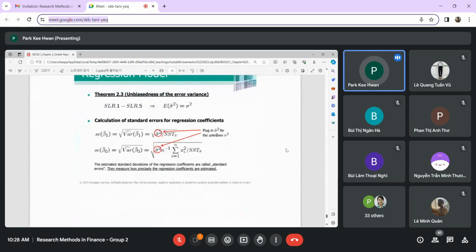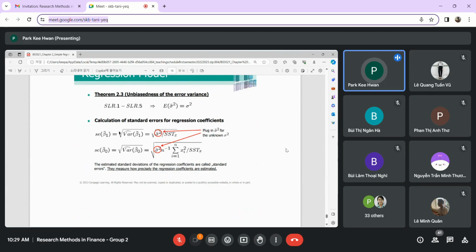So you plug in the estimated variance of the residual for the unknown sigma squared. By plugging in the squared residual, you can calculate the standard error of the slope parameter, beta 1 hat, and also the standard error of beta naught hat.